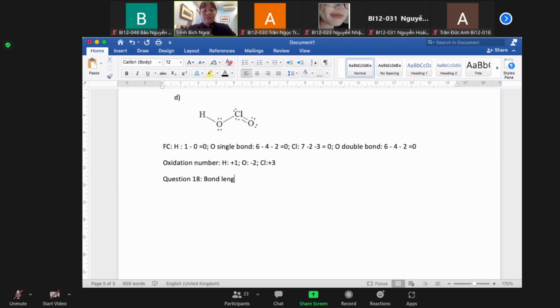Tiếp theo là CO2 và bond length dài nhất là CO3 2 minus. Ok.